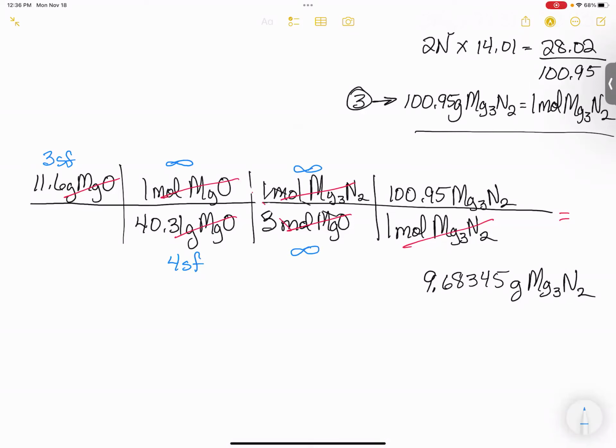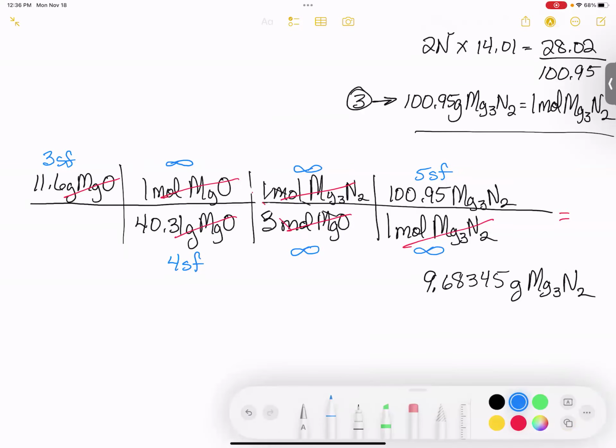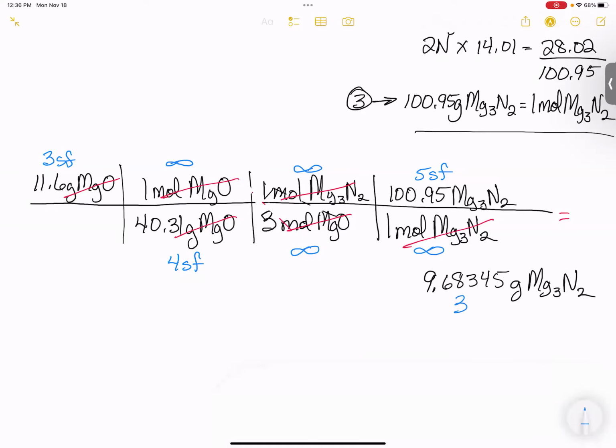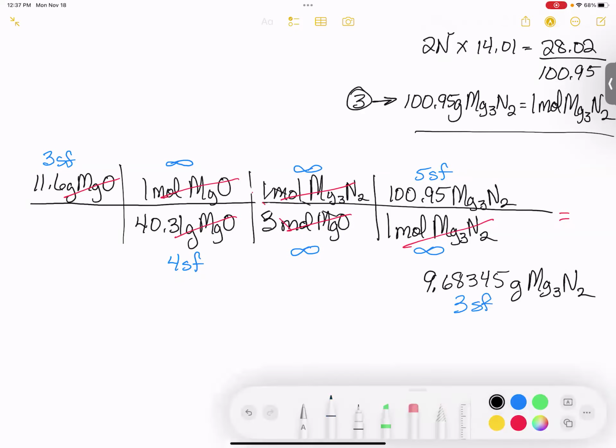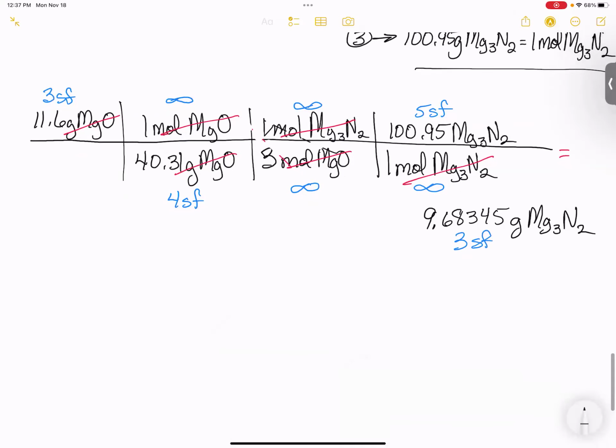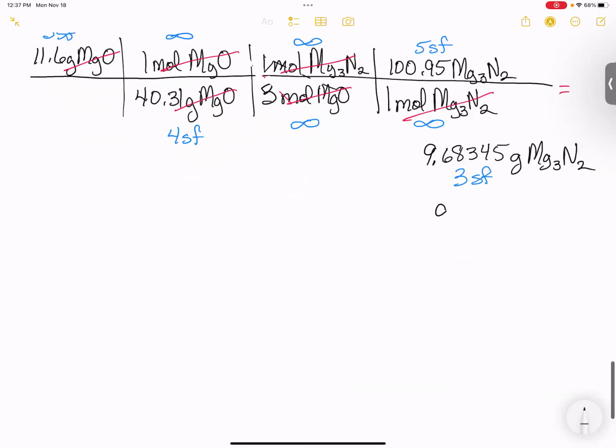The mass portion for magnesium nitride had 5 significant digits, and the mole portion had an infinite number. So the measurement with the fewest had 3. So our answer should only have 3 sig figs. And so you would record this answer as 9.68 grams of magnesium nitride.